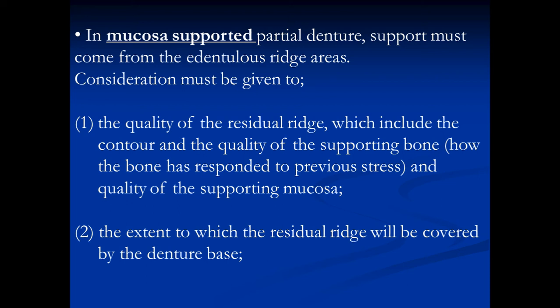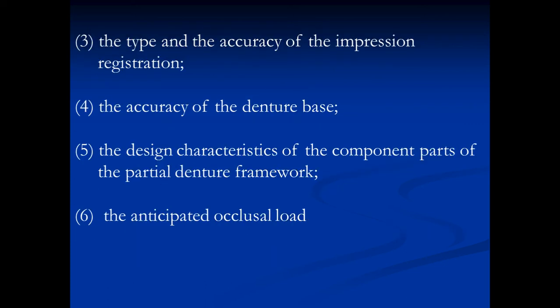the quality of the underlying tissue from which we are deriving the support for a removable partial denture, the contour of the residual ridge, that is size, height, shape, the type of impression, the accuracy of the impression we have recorded, the adaptation of the denture base, how well the denture base adapts to the underlying soft tissue, the anticipated occlusal load, and how simple we can make the design.